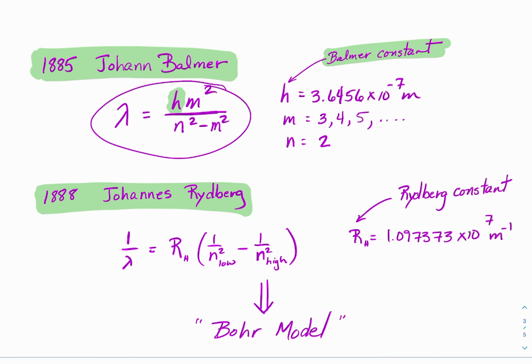Sorry, I apologize about that. So n should be the smaller number and m is the larger number. Essentially, as an electron moves from a level of some m number to the n number of 2, you could figure out what wavelength of light it would emit.